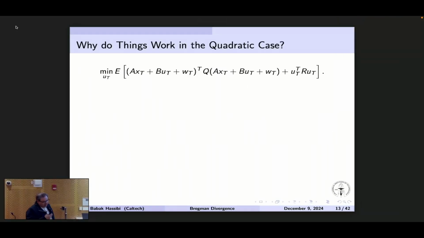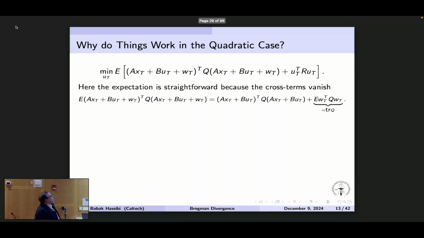Okay? And so you might ask, well, what is going on in the quadratic case that allows us to do everything? Let me explain that, because we will get cues from that as we move forward. So in the quadratic case, if I look at time t, my costs are both quadratic: the cost on the control and on the state, which I have spelled out. And so this expectation is very easy to do, because if I take this quadratic and I expand it out, there's a quadratic term.